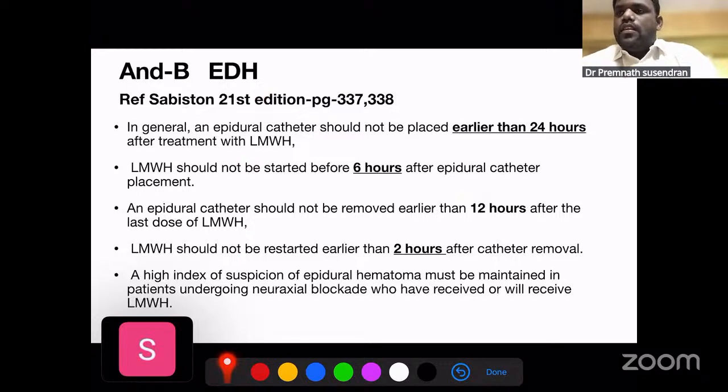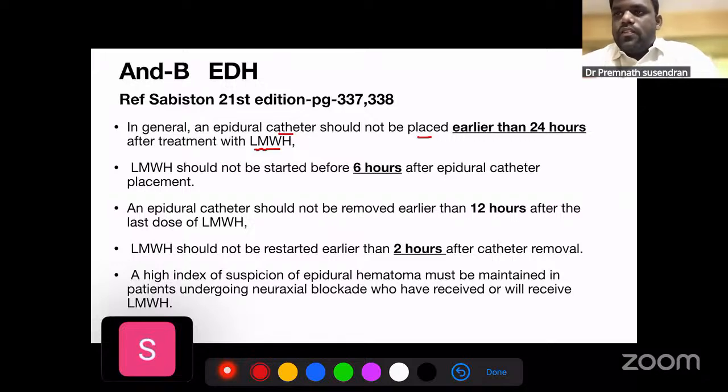The same exact scenario is given in the Schwartz general surgery chapters, the perioperative management chapter, 21st edition, pages 337, 338. They have given a theory for the epidural catheter. In general, the epidural catheter should not be placed earlier than 24 hours after treatment with low molecular weight heparin.